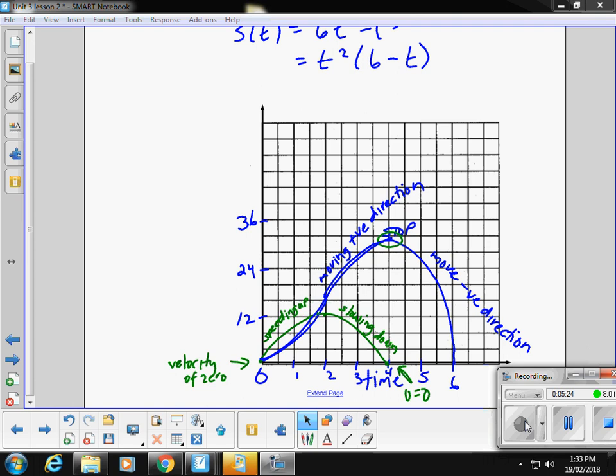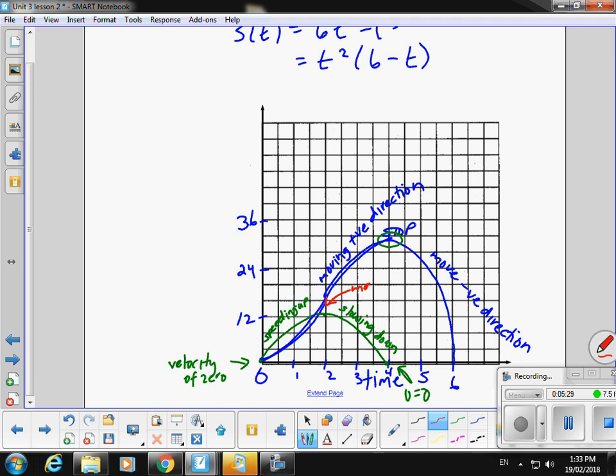Our maximum velocity appears to be at the 2-second mark. And it does appear to be the steepest point on that blue curve.